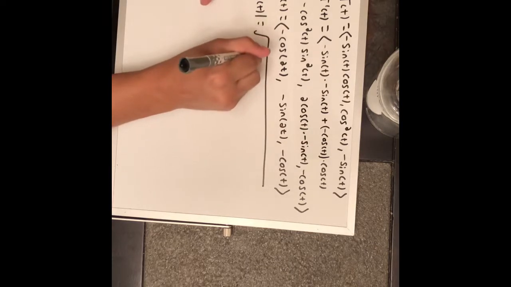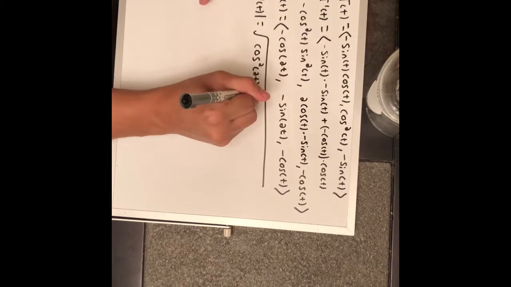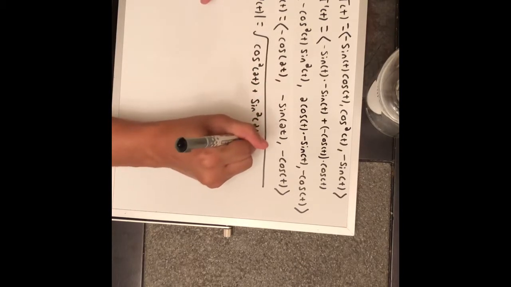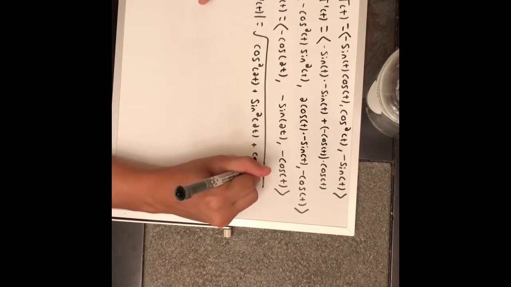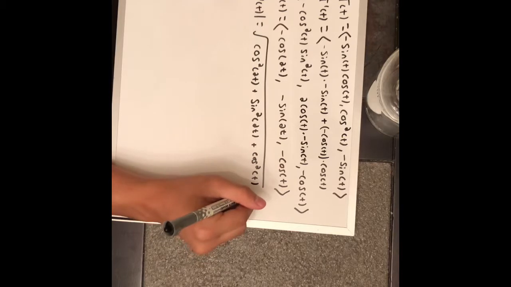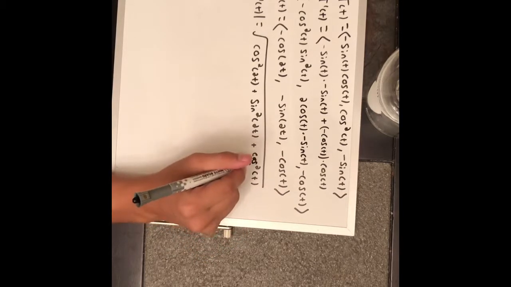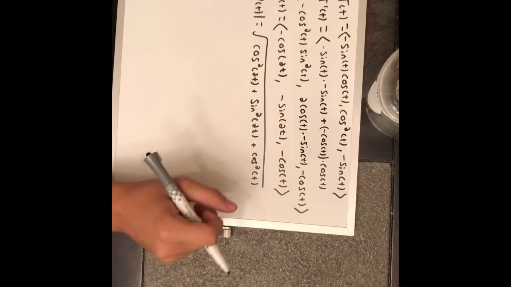So here we have cosine squared of 2t, plus sine squared of 2t, plus cosine squared of t. Okay, so once again, through the trigonometric identity we used before, cosine squared plus sine squared is equal to 1.